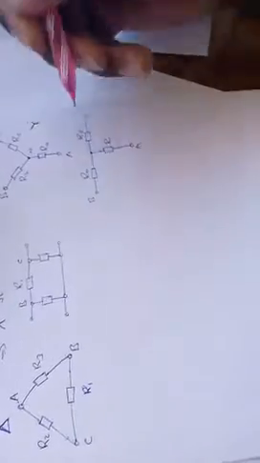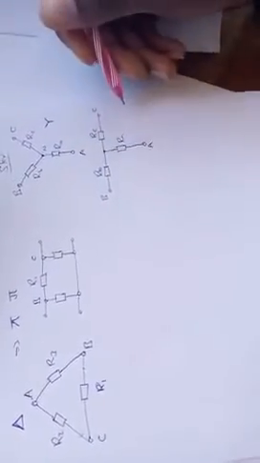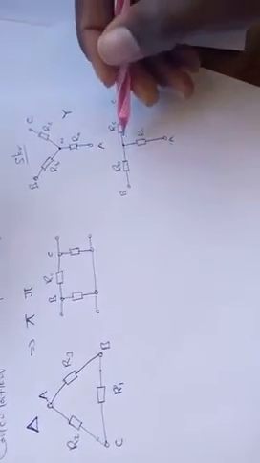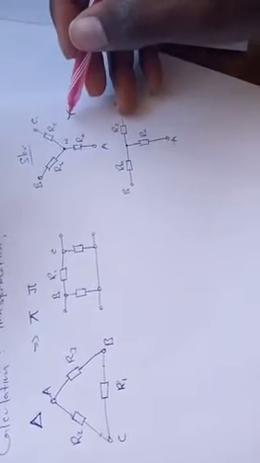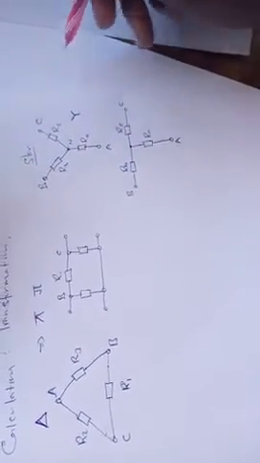So no wonder it's also known as a T network because it takes the shape of a letter T, even a letter Y. So when you are told to convert to a Y network, you are simply saying convert to star.